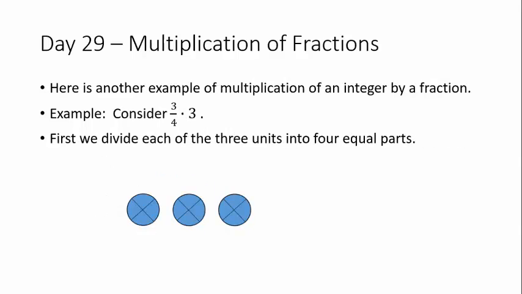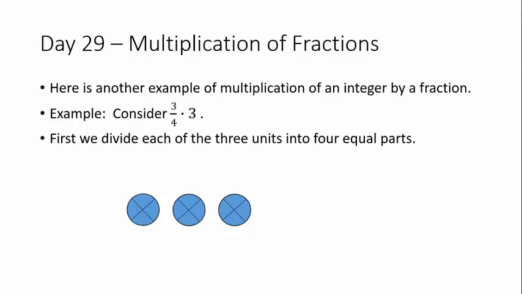Let's consider another example where we're multiplying an integer by a fraction. This time we have 3/4 times 3. I'm unable to divide 3 into 4 parts conveniently, so I'm going to divide each of the 3 units into 4 parts. So the 3 circles represent my 3 units, and I divide each circle into quarters.